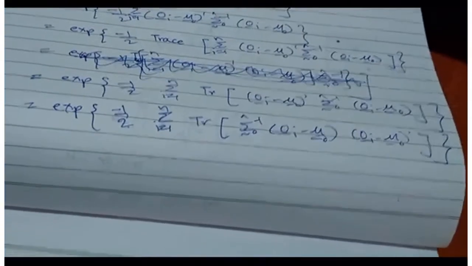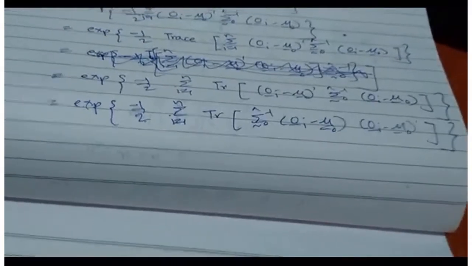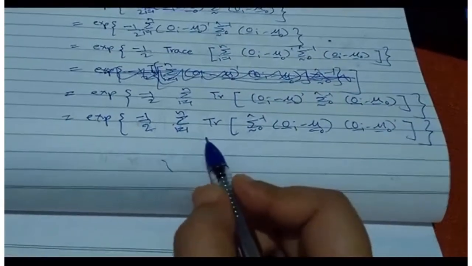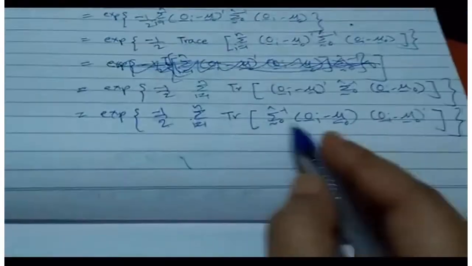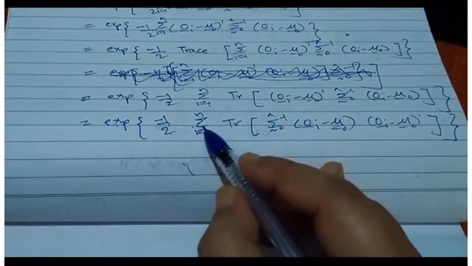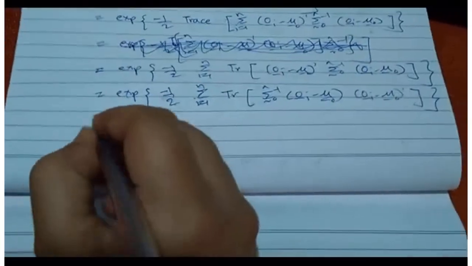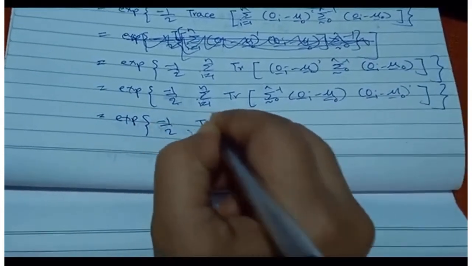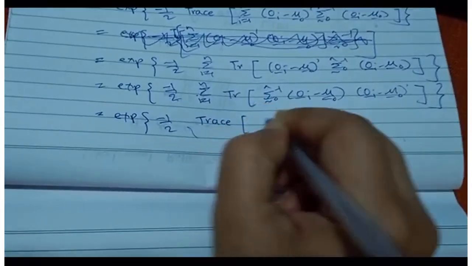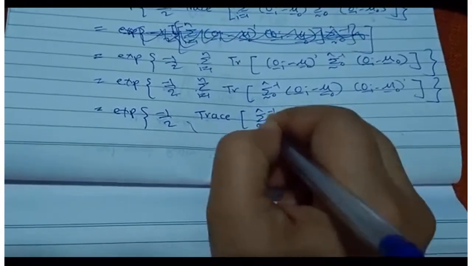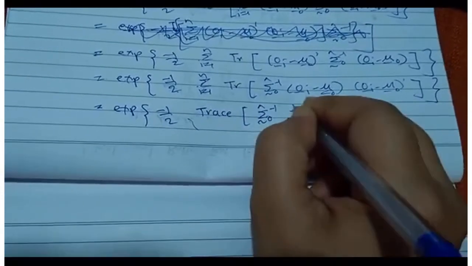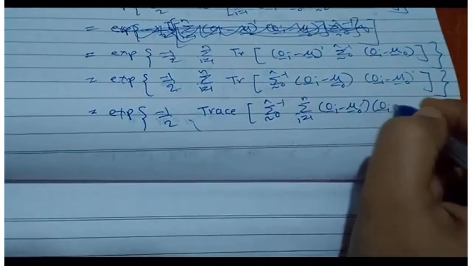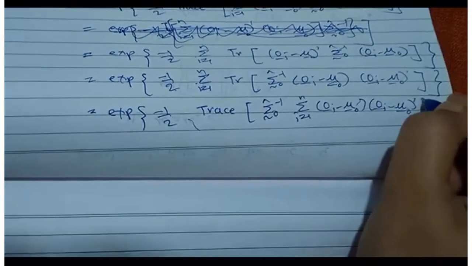Now since trace itself is a sum and I have a summation here, and both are finite sums, they can be interchanged, and sigma naught hat is free from this i, so it can be taken outside the sum. So I can rewrite this as e raised to minus half trace of sigma naught hat inverse, sum over i going from 1 to n of (y minus mu naught)(y minus mu naught) prime.